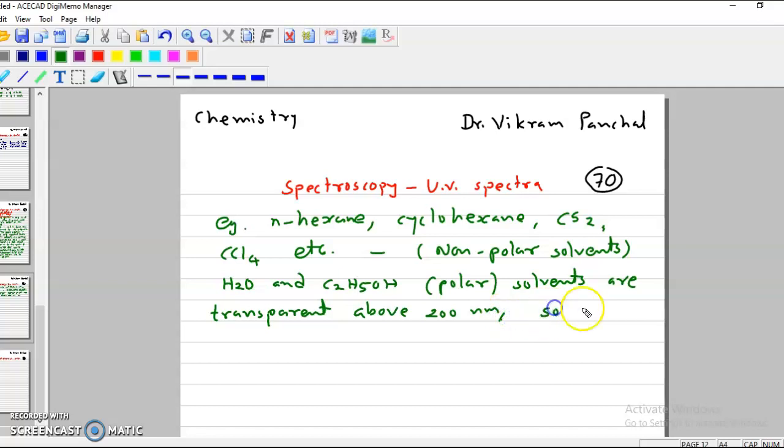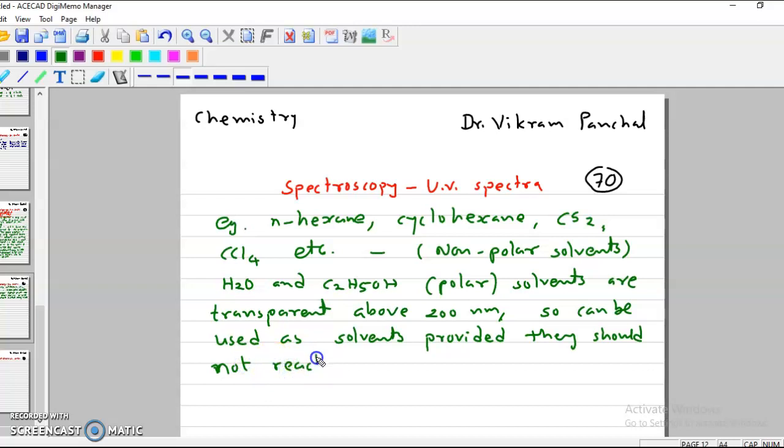So they can be used as solvents, provided they should not interact or react with solute particles. So this is the condition.